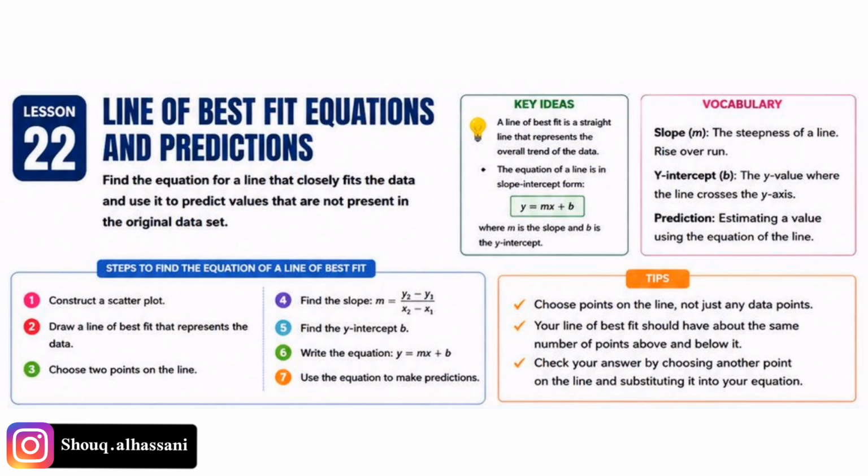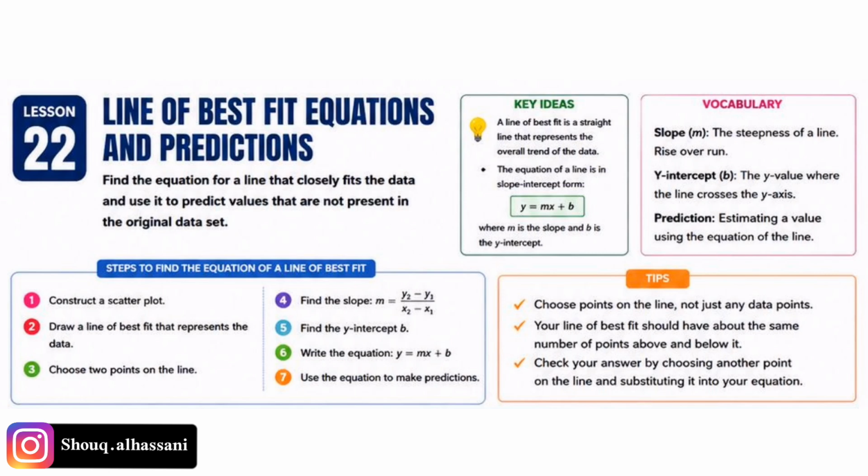Now we calculate how steep the line is. We need to find the slope. The slope equals change in y divided by change in x, and that tells us how fast the data is increasing or decreasing.